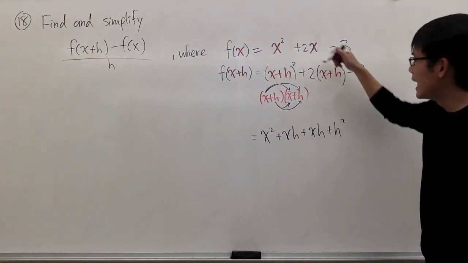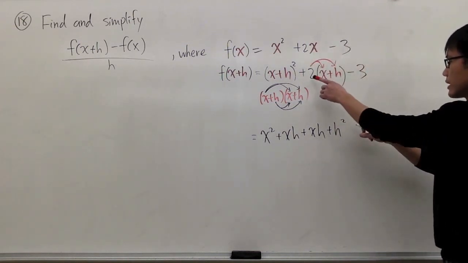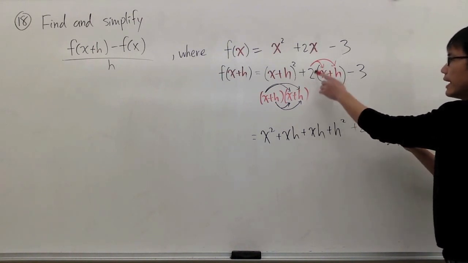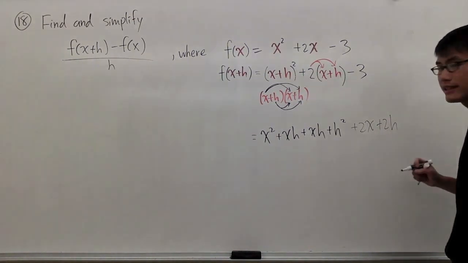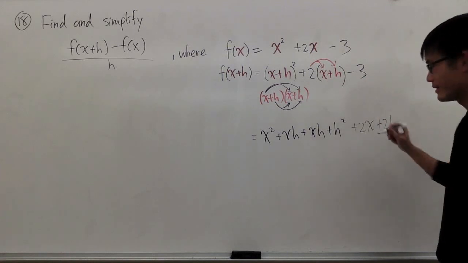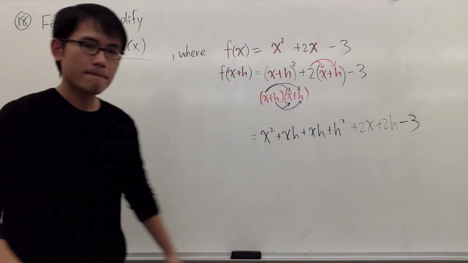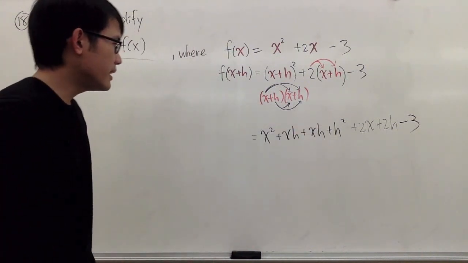For the rest, I just have two parentheses, x plus h. For this part, I will just need to distribute. So I'll continue with that. I will have plus 2x, and then we also have 2 times h, so plus 2h. And we have the minus 3 right here, so minus 3. Looking at this expression, is there anything that we can simplify?